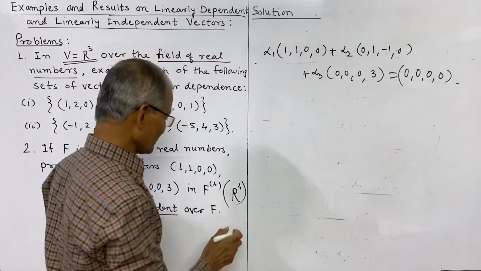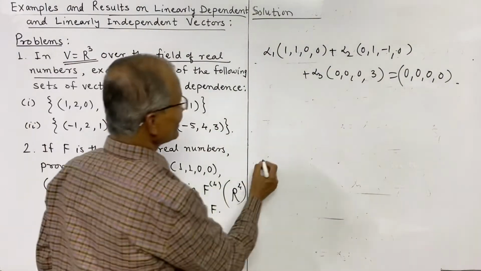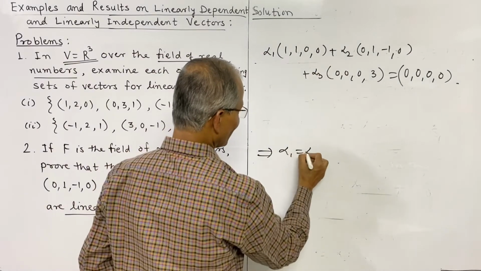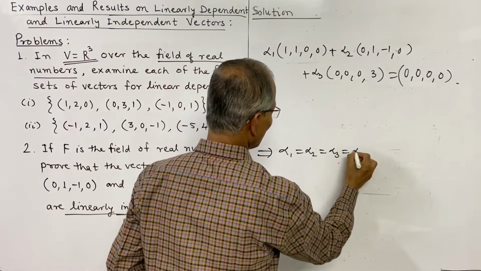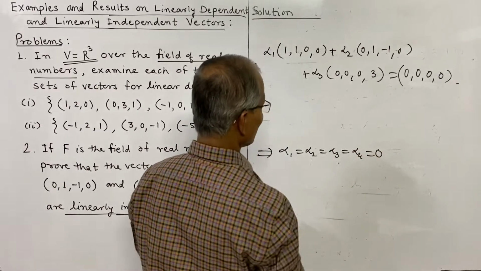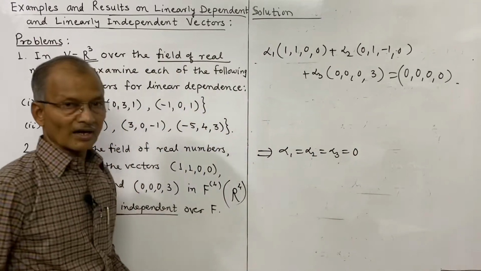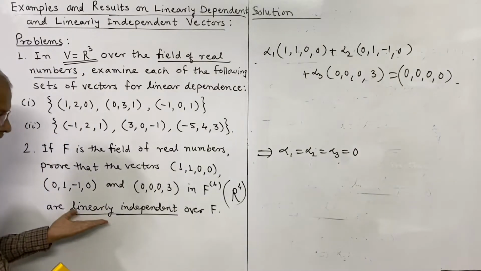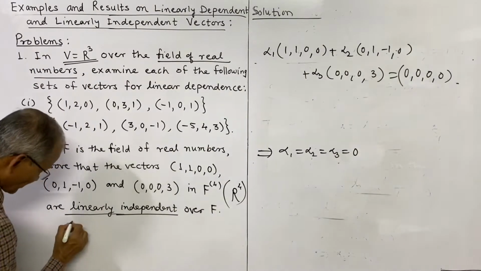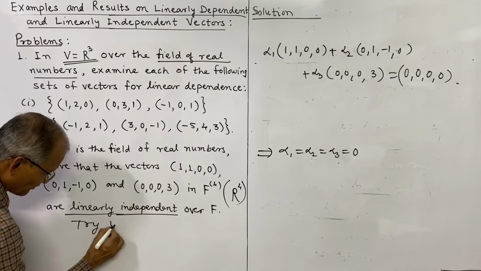We will get alpha 1, alpha 2, alpha 3 all equal to 0, and thus the vectors are linearly independent. So try this problem yourself.